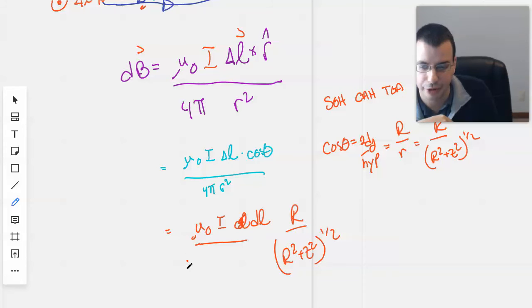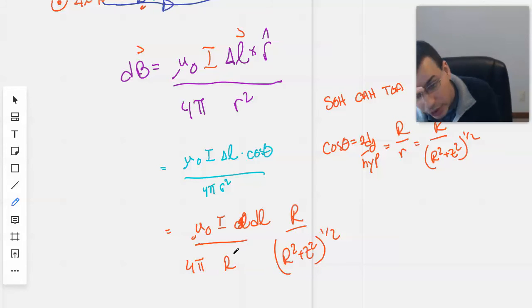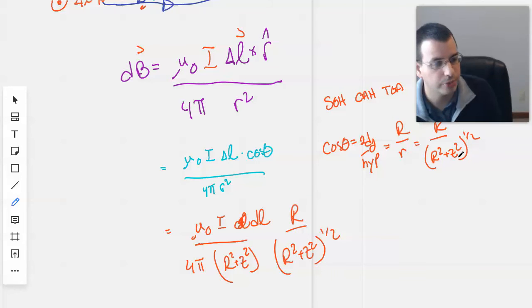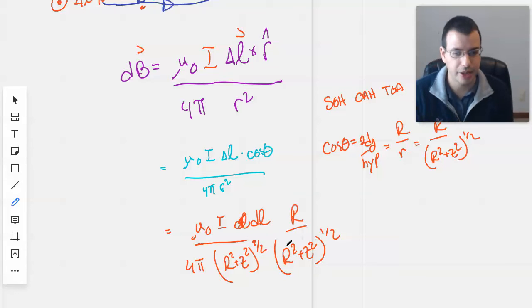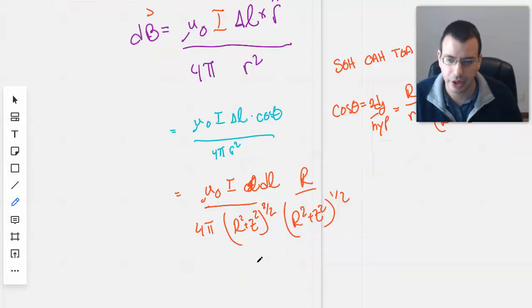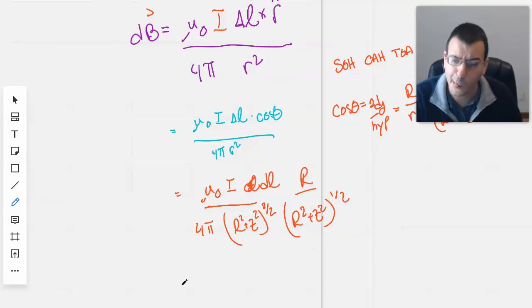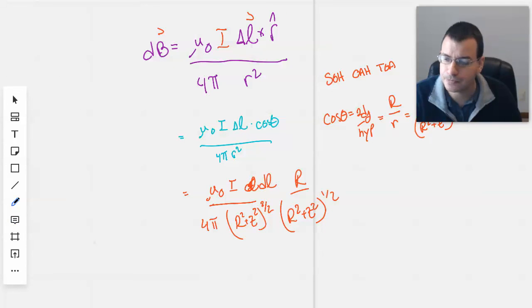We still have 4 pi over here. And then we have an r squared, which I'm going to rewrite as R squared plus Z squared to the 1/2, but then I'm going to leave it as 2 over 2, because that way it'll be easier to combine these two in a sec. Okay, mostly good. I am happy with most of this so far.